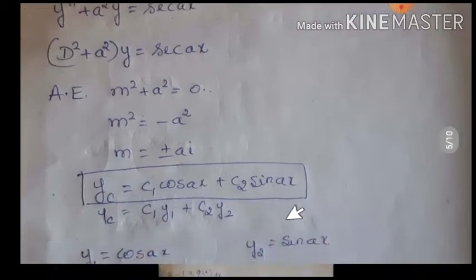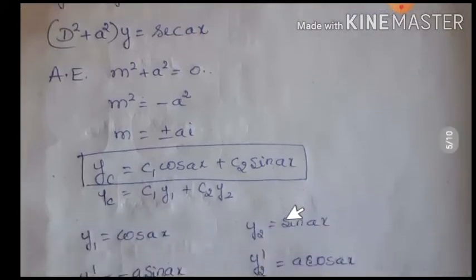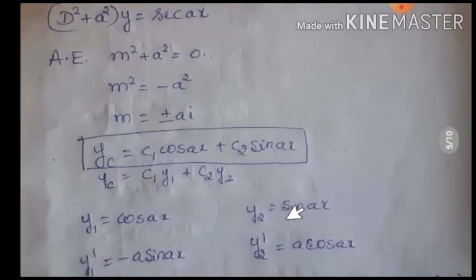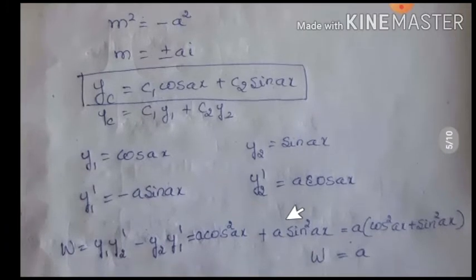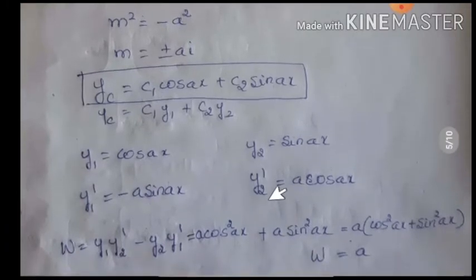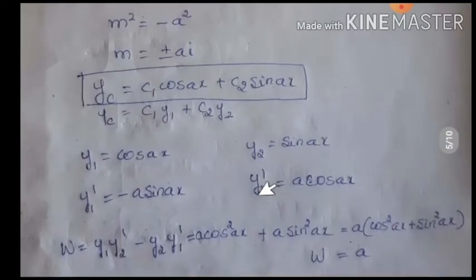To find capital A and capital B in the variation of parameter method, I need to find the Wronskian. So first let us find the Wronskian, where y1 and y2 we know. Let us find y1 dash and y2 dash. y1 dash means the derivative of cos ax, which is minus a sin ax. The derivative of sin ax is a into cos ax.